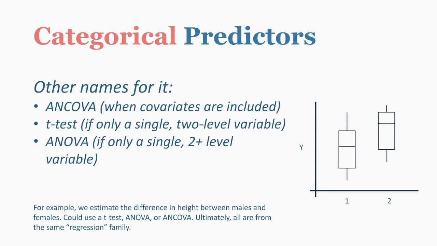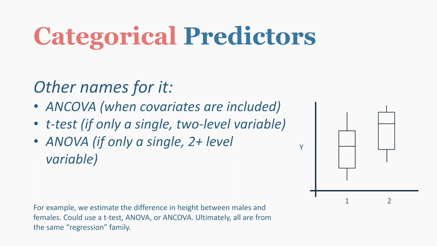And whether you realize it or not, you've likely done some work with categorical predictors before, probably just under some different names, such as ANCOVA when you have covariates, a t-test if you're using a single two-level variable, or ANOVA if you're using a single variable that has two or more levels.